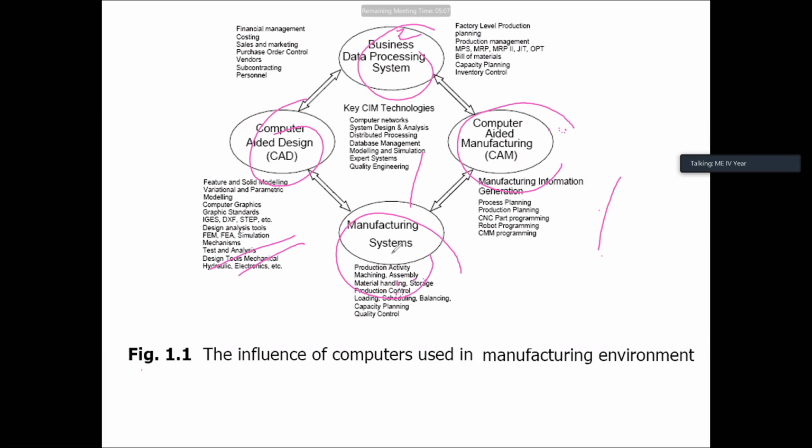And the final part is quality control. Without quality control, your product cannot come out. If you observe any product in the market, when you go to purchase it, you find a sticker called QC or a right symbol.